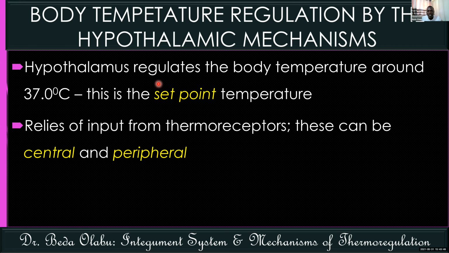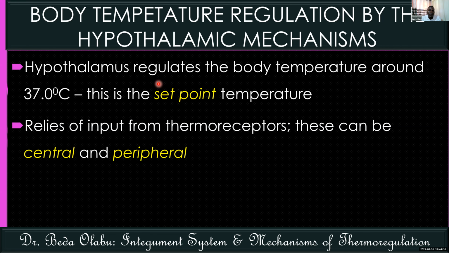And I'm not saying that the low or the high is abnormal. It could just be 37.3. It is still physiologically normal, except it's above the set point temperature. So hypothalamus will slowly initiate mechanisms that make sure that this body temperature goes to 37.